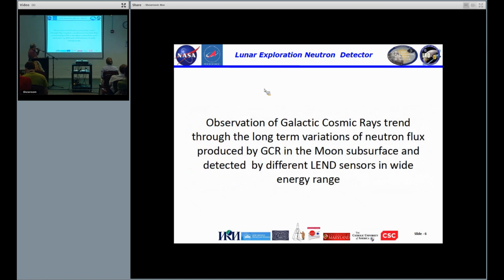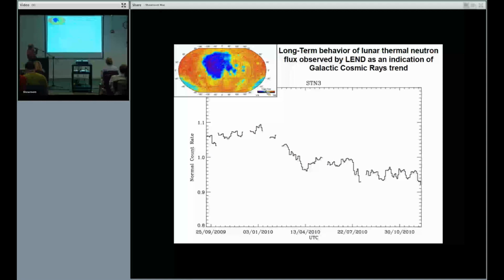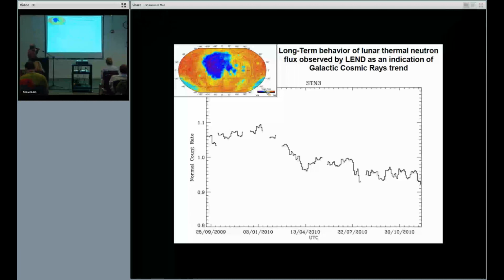So now this is what we're doing. I start with neutron fluxes. This map shows the results of observations with thermal neutrons on the lunar surface.